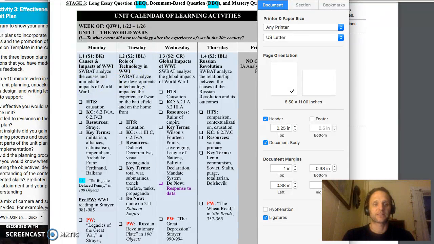The other key is skill building, because the AP exam requires students to take a very difficult, multi-faceted test. So we're always thinking about how we're going to build in historical thinking skills. In this case, these are the HCS, causation, or comparison, contextualization.